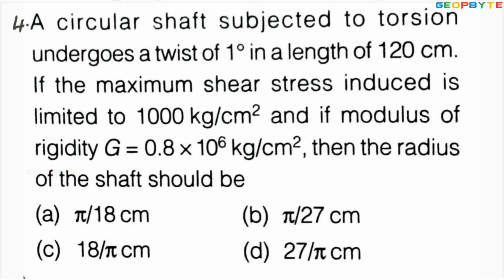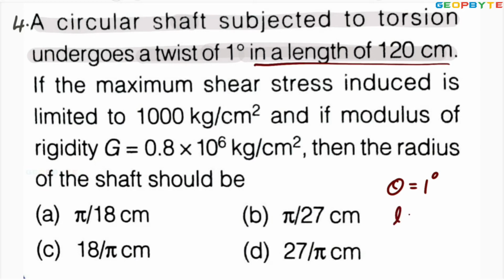Read the fourth problem. A circular shaft subjected to torsion undergoes a twist of 1 degree in a length of 120 cm. The angle of twist theta equals 1 degree in a length of 120 centimeters.